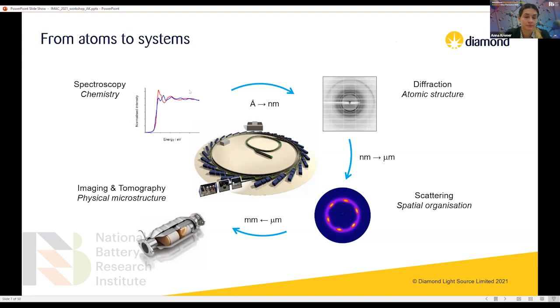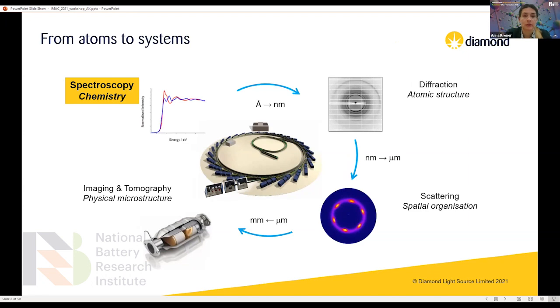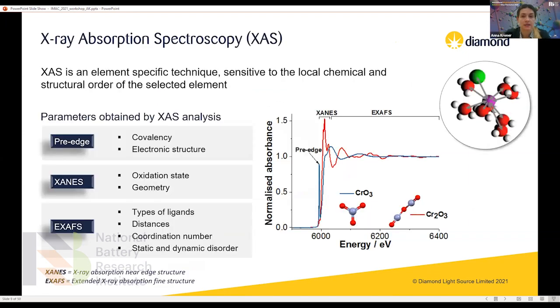And then imaging, the standard imaging measurement will look at the length scale of millimeters in the sample. However, we can't forget about very specific X-ray imaging techniques where we can probe the sample with a resolution of nanometers.